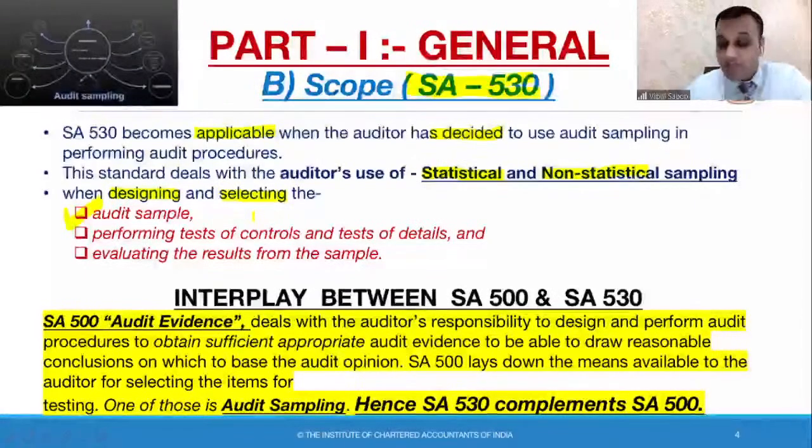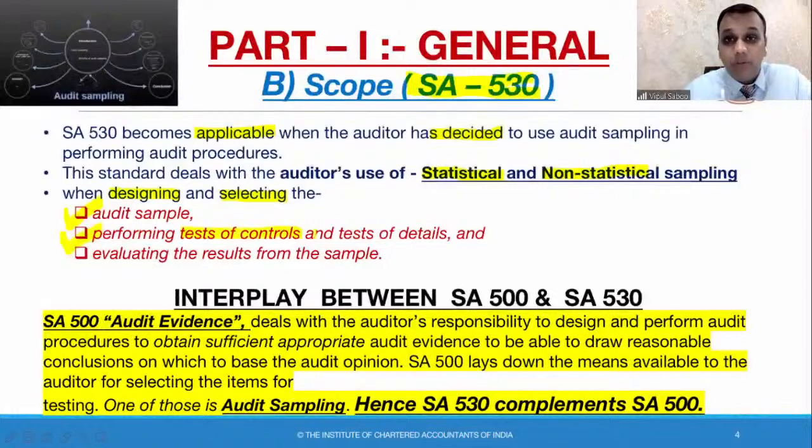Design means he has to set up some criteria, parameters to select the sample, some factors he needs to ponder upon. And then selecting the audit sample on the basis of these factors, performing test of controls and test of details. We'll be doing this today.